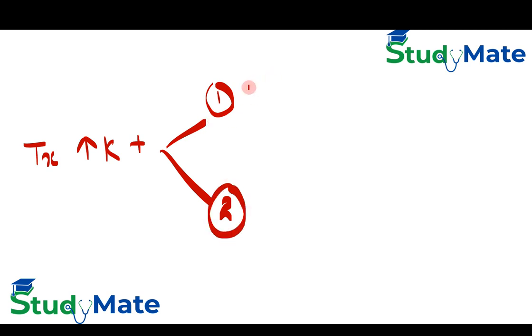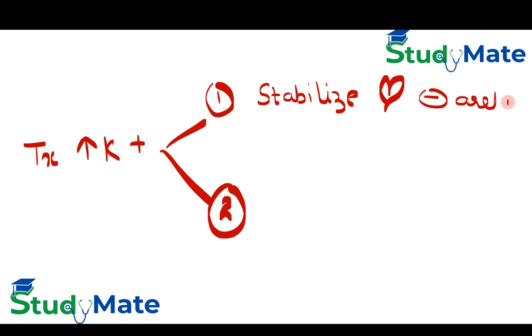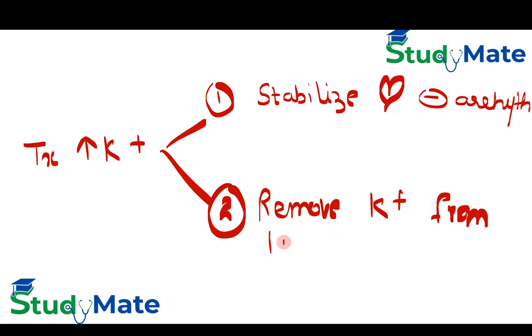The first thing is that you need to ensure that the heart is stabilized so that arrhythmias can be prevented. And the second thing is that you need to remove potassium from the body. These are the laws or the basics that you need to know.